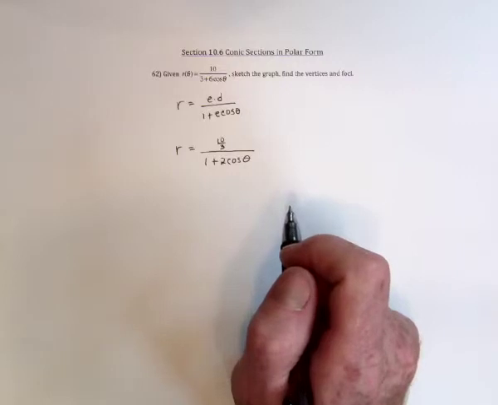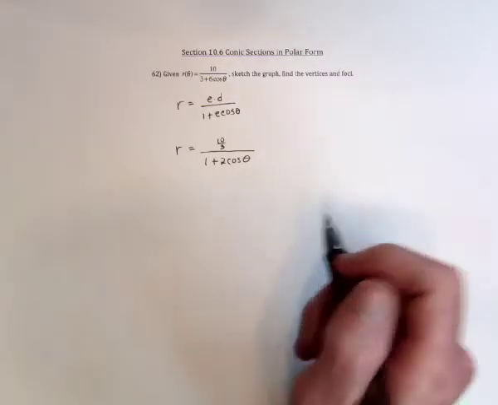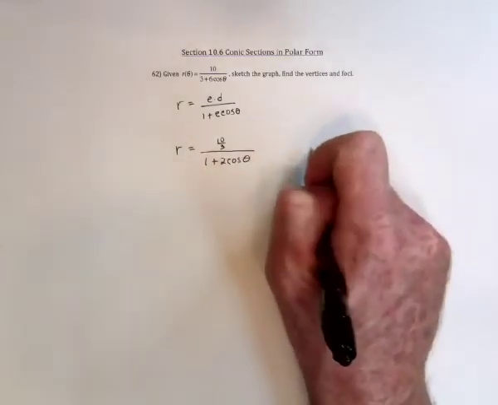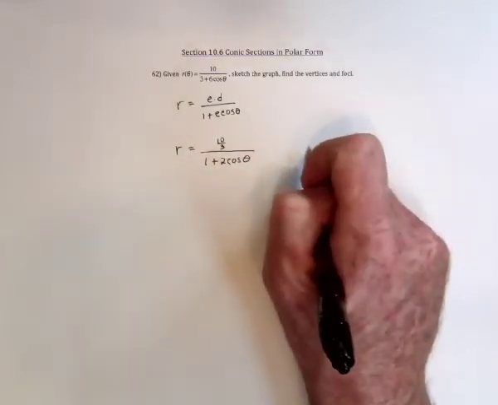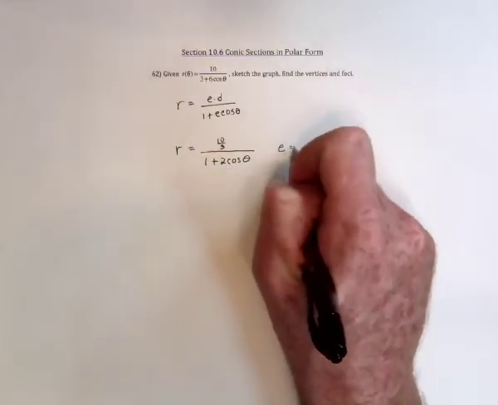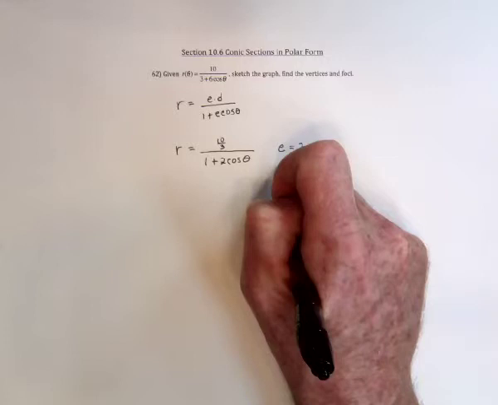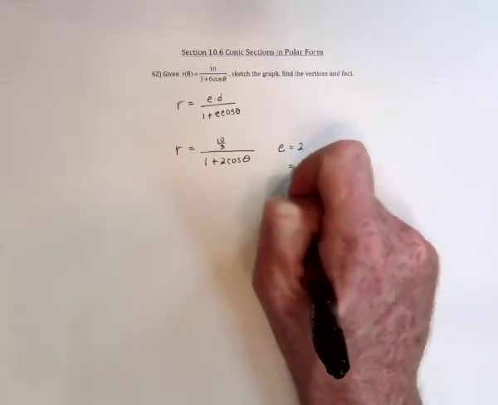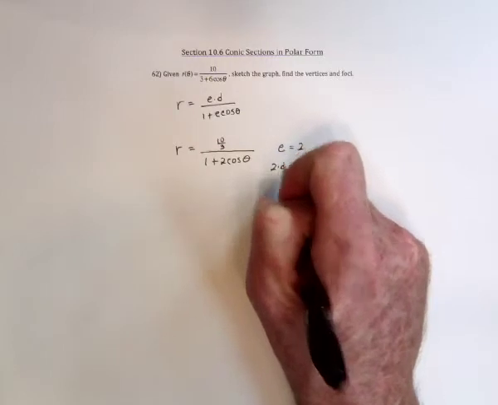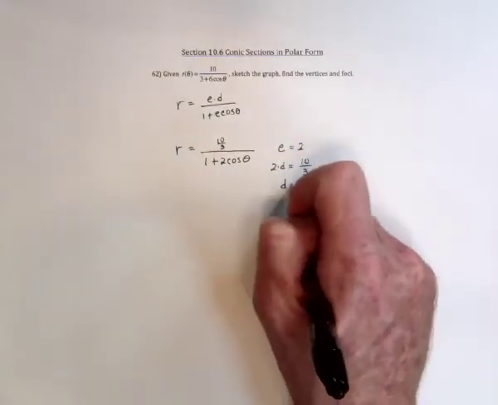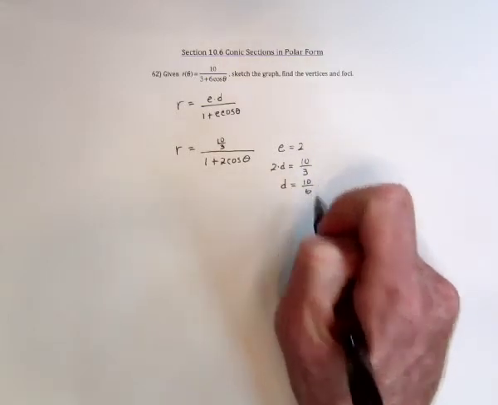So next what we do is say, well, this is E times D, and we know right here that E is 2, so the eccentricity is 2, and if E times D equals 10 thirds, we would have that D is equal to 10 sixths.